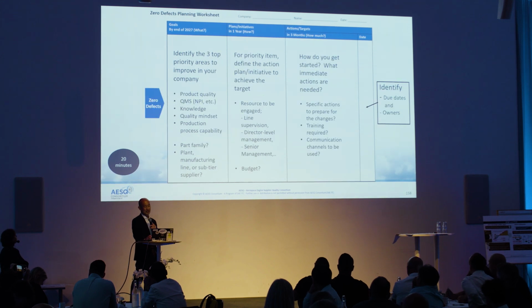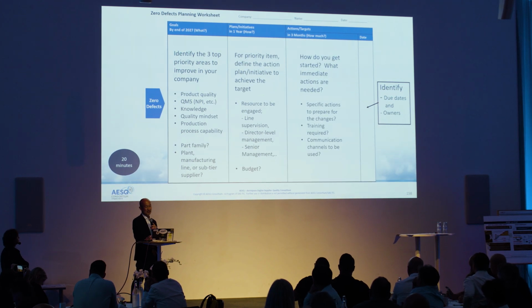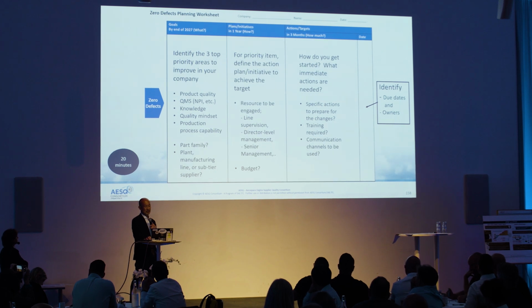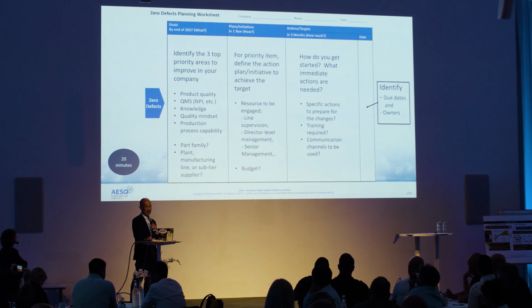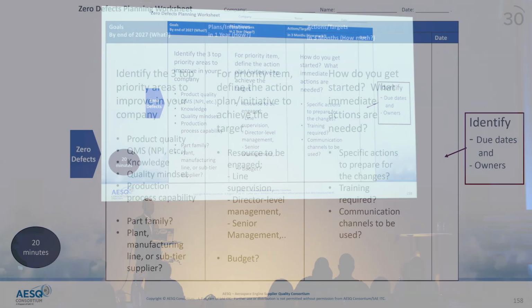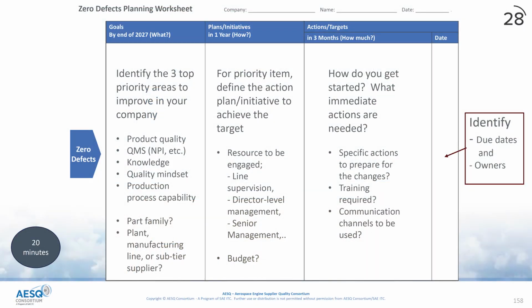And the middle row should be plans or initiatives that you want to apply in the next 1 year. And finally, at the right-hand side, if you can identify some immediate actions, then please write those in with due dates or owners specific to your organization. I think you can write those in your language and from what you have learned.